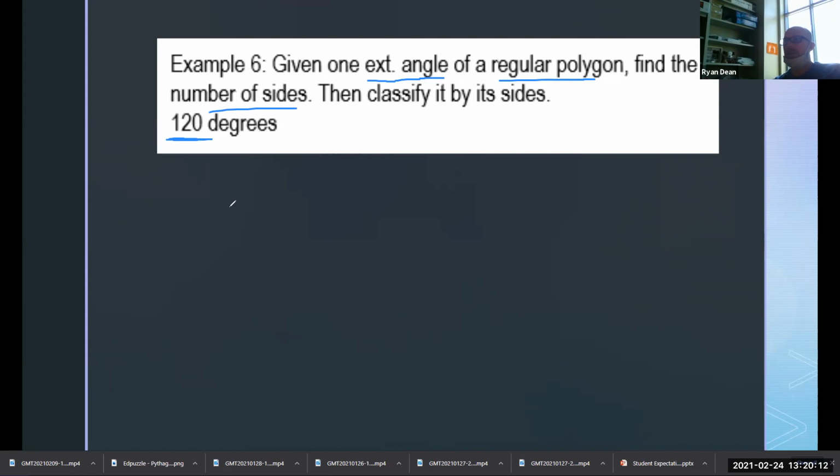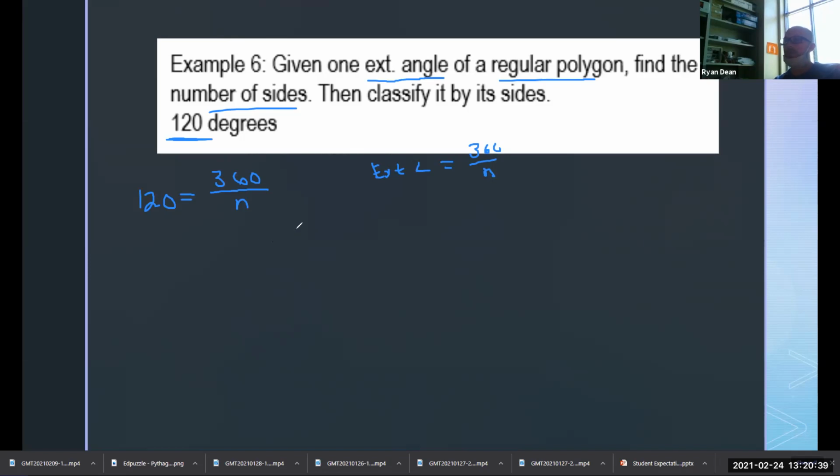I know that I'm given an exterior angle, which is 120 degrees, and that's equal to 360 divided by n, right? That's just coming from this formula here. The one that we used, I believe it was 2 examples ago. Okay, so I just took this formula and plugged in what I know, which is 120.